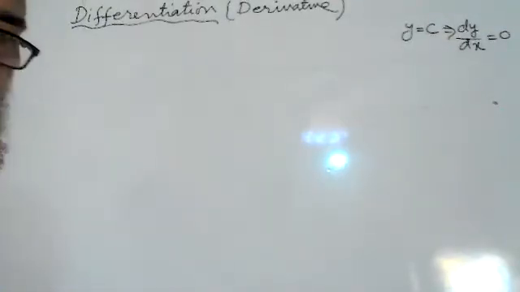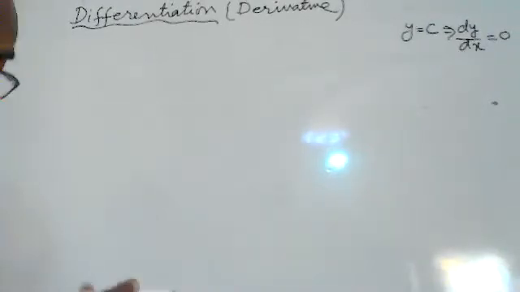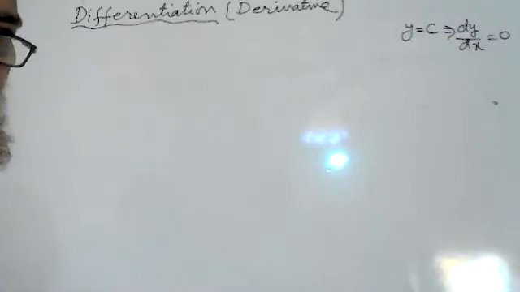If a function is constant, then its derivative will be 0, because I told you the derivative is the rate of change of a function. When a function is constant, it means it is not changing. There is no change in the function. When there is no change, its rate of change will also be 0.